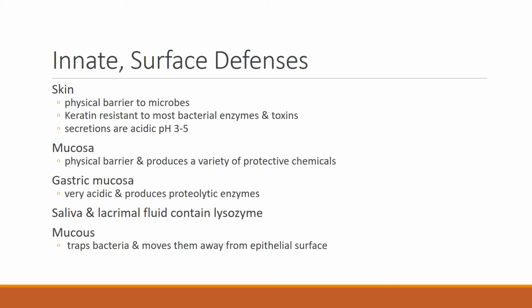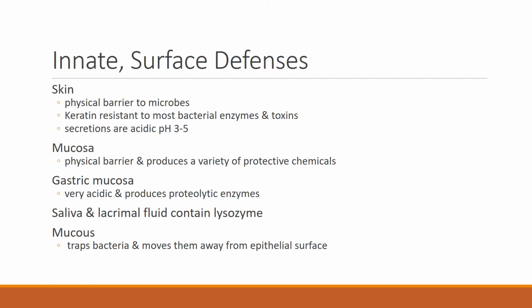Mucosa also serves as a physical barrier, and it produces a variety of different protective chemicals. And this is also important because it prevents these pathogens from entering our bloodstream. We find gastric mucosa specifically within the GI tract, and this is very high in acid, especially within the stomach, with very low pH, and helps with production of proteolytic enzymes, which break down different types of proteins found within bacteria.